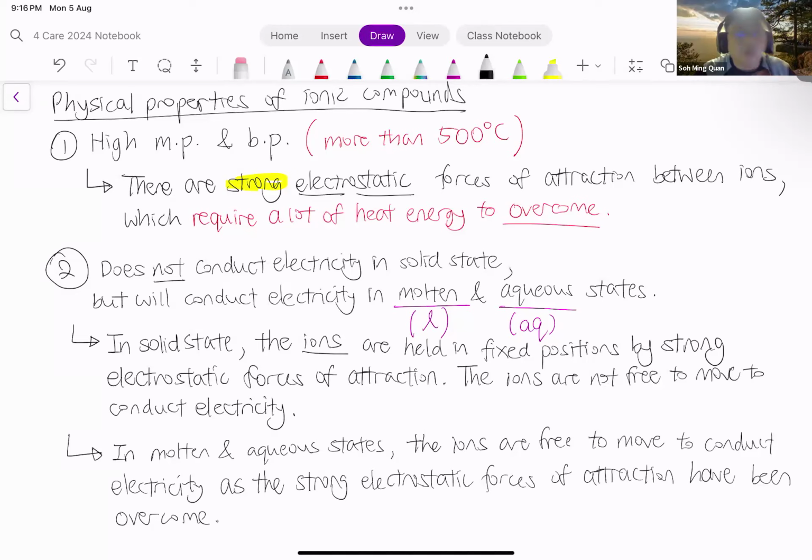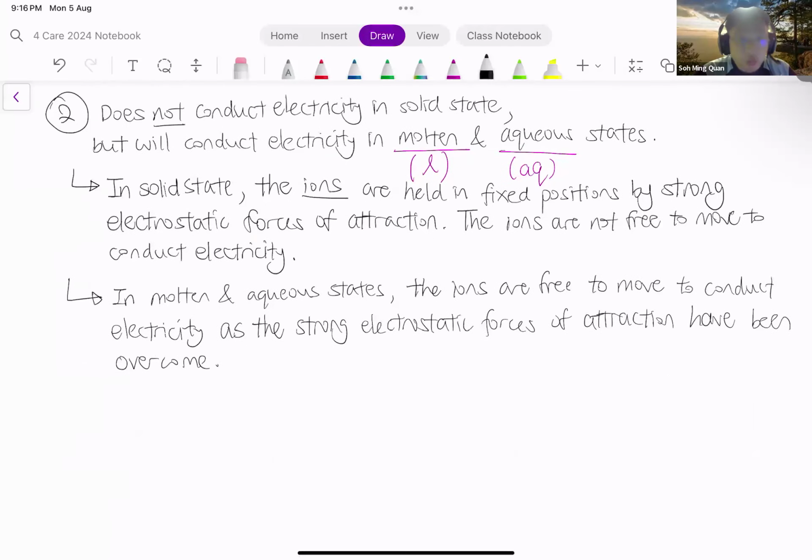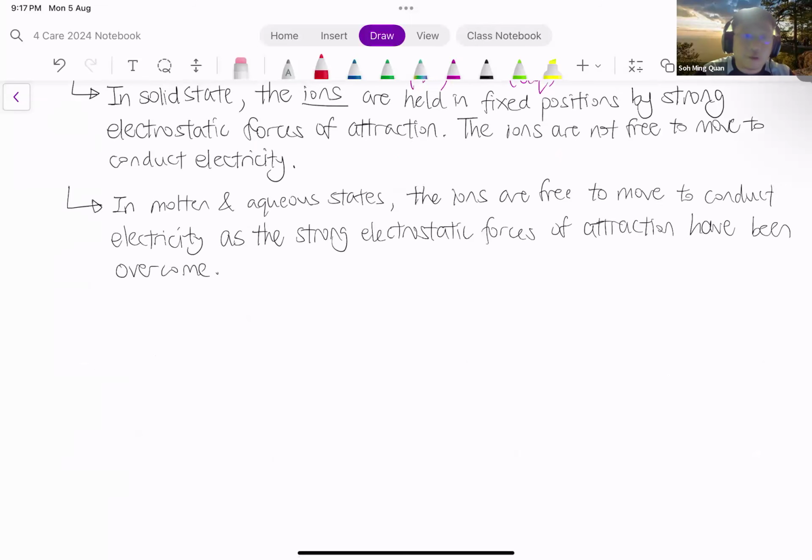Okay? Now, before we go off, you need to know how to predict the charges on ions. I'm sure you know by now, ions are formed when atoms lose or gain electrons. So this is determined by the number of valence electrons. All the elements in group 1 have one valence electron.